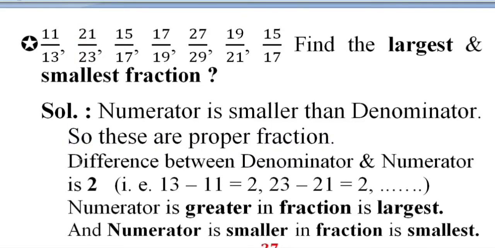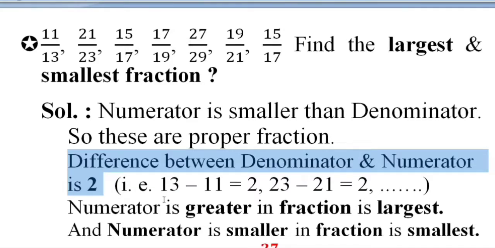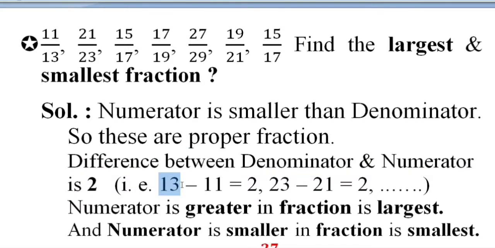The difference between denominator and numerator is 2. That is, 13 minus 11 equals 2, 23 minus 21 equals 2, and so on.